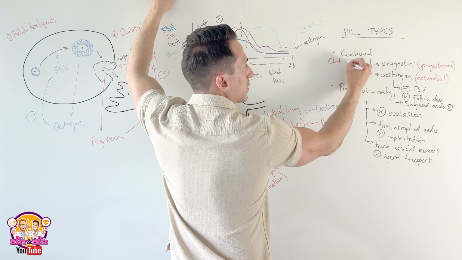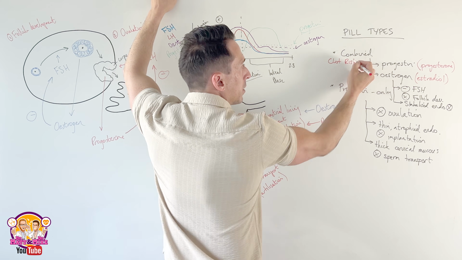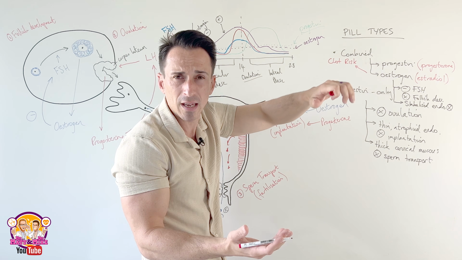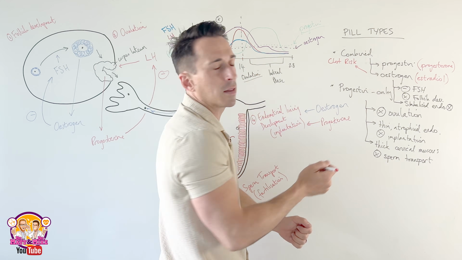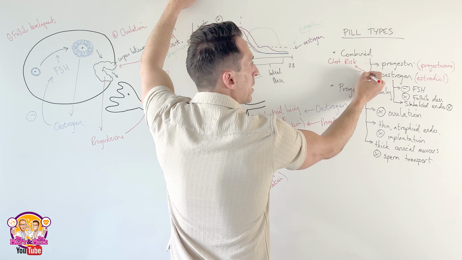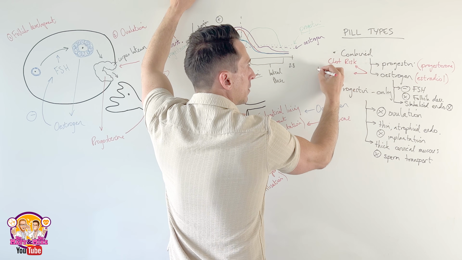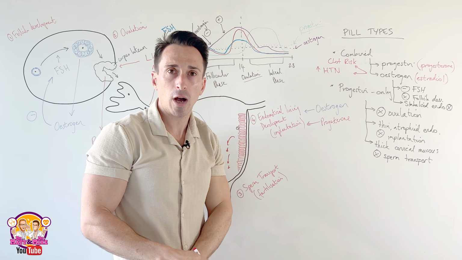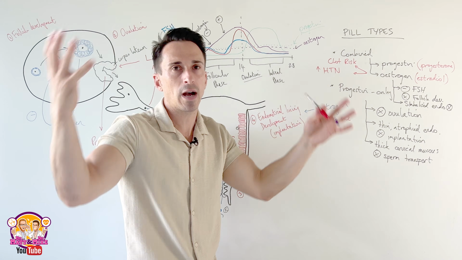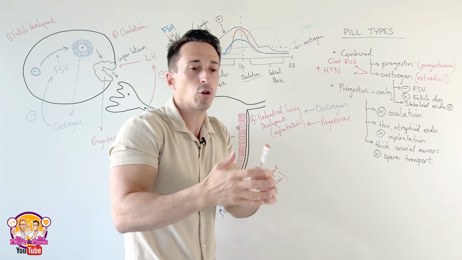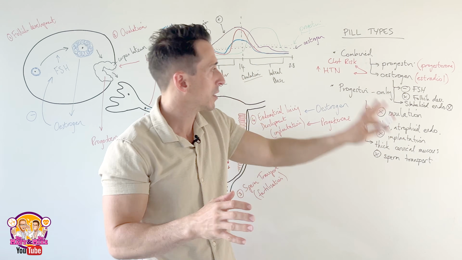So there's a clot risk. So some people who might be at risk for things like DVT or stroke may not take the pill with estrogen. Some people who have uncontrolled hypertension, right, may not take the pill either. And there's also a whole range of other contraindications in which people may not take the combined pill.